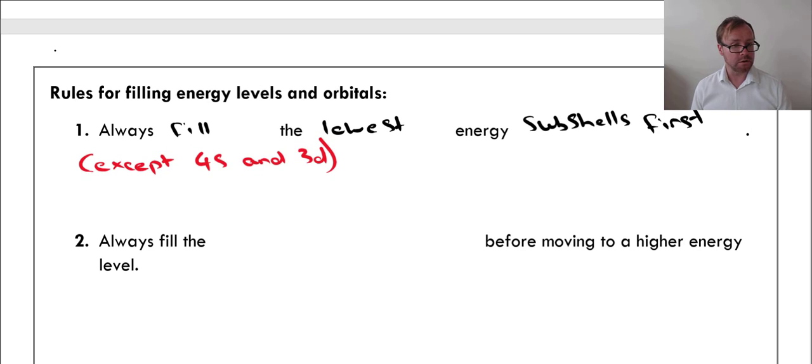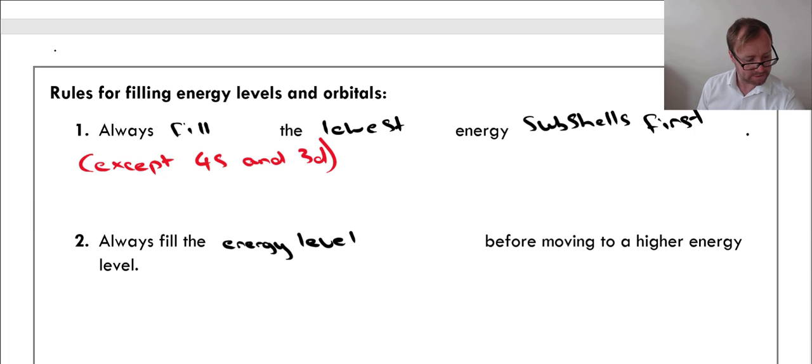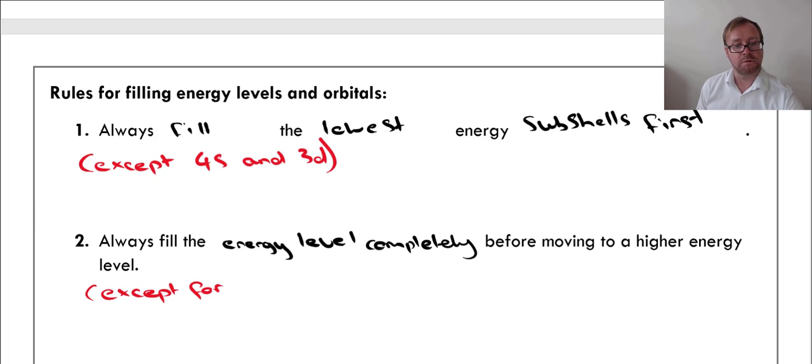Second, always fill the energy level completely before moving to a higher energy level. Again, except for 4s and 3d.